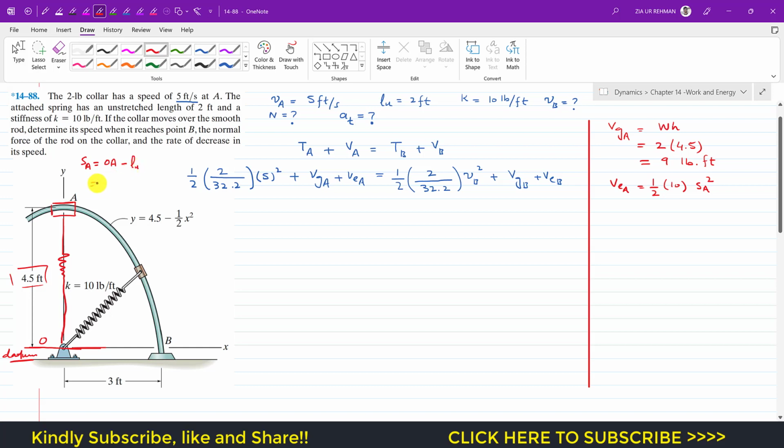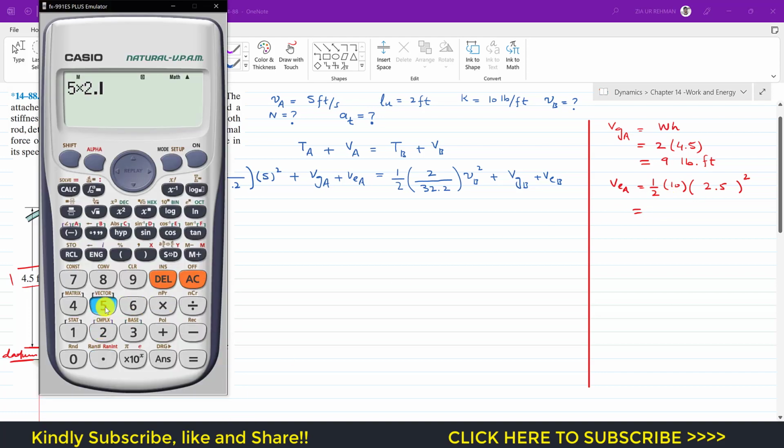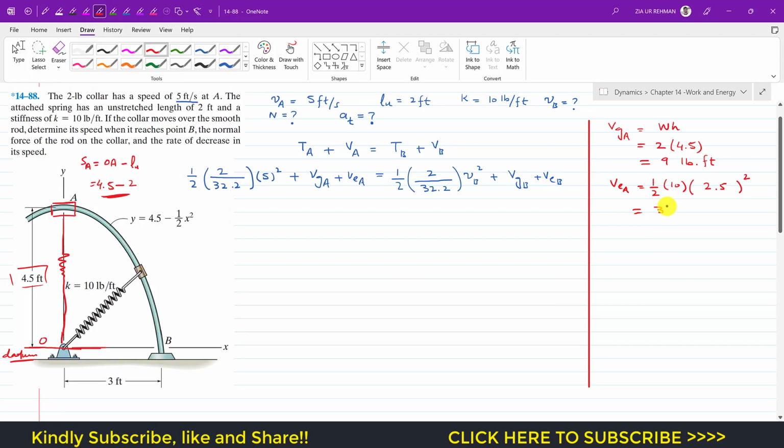So OA is 4.5, minus the unstretched length 2, so SA is 4.5 minus 2. So I will write 4.5 minus 2 square. 4.5 minus 2 is 2.5, so this is 2.5 square. 10 divided by 2 is 5, so 5 into 5 multiplied by 2.5 square. This gives us 31.25 pound feet. So this is the elastic potential energy at A.